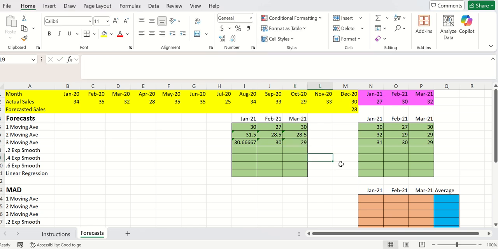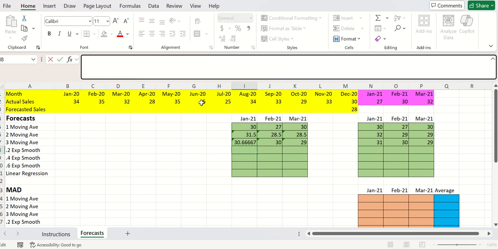Next one that we have is exponential smoothing. Exponential smoothing is nothing more than a weighted average, okay? So exponential smoothing of 0.2 says that I want 20% of my forecast, equals 0.2, to be what actually happened in the previous month.